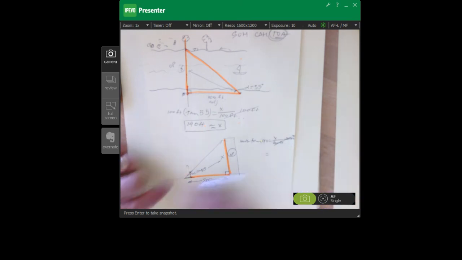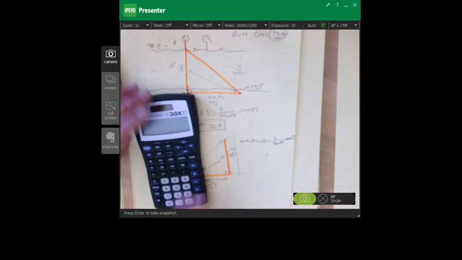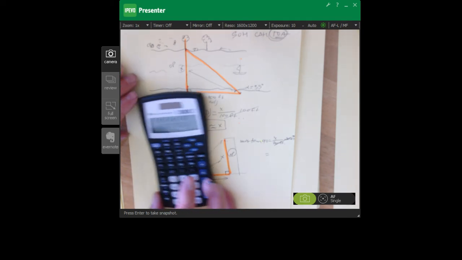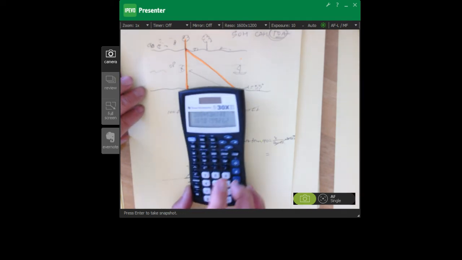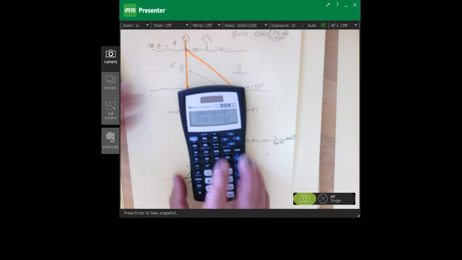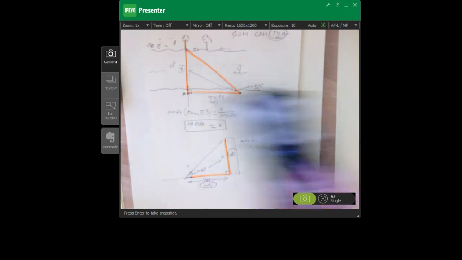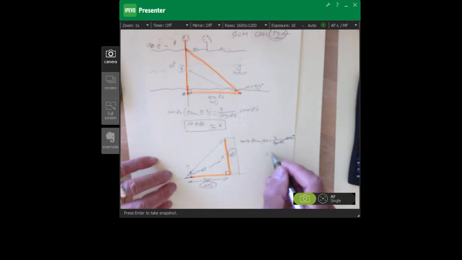That cancels, and you're going to get something like 200 times tangent 40, and that's going to give you 167.8 feet, and let's round that off to the nearest tens place. So that'll be about 170 feet.